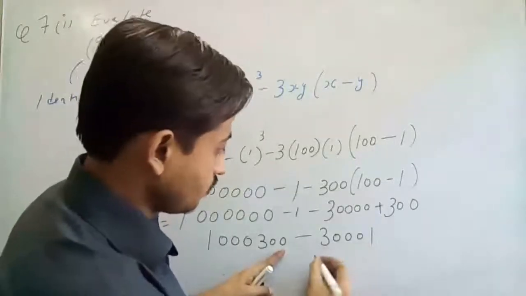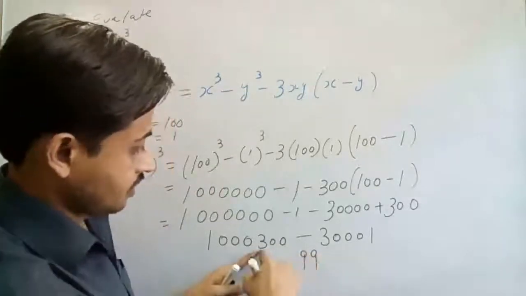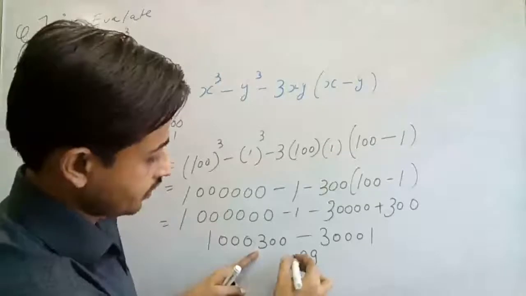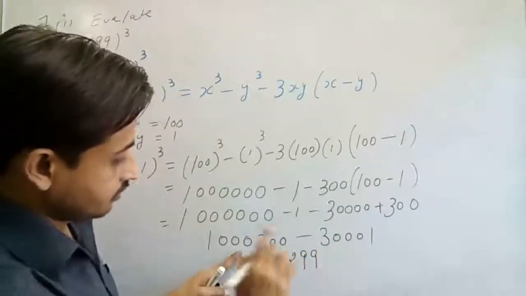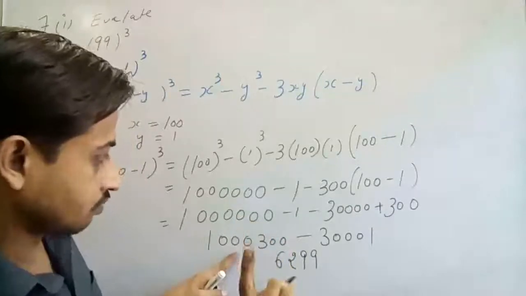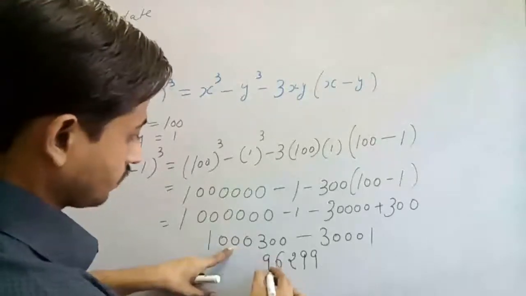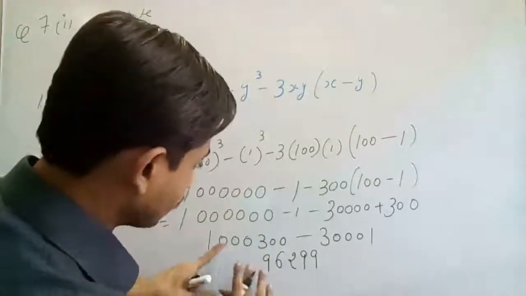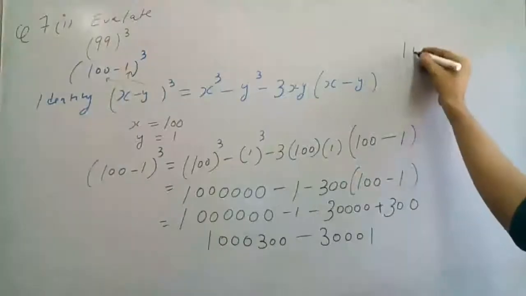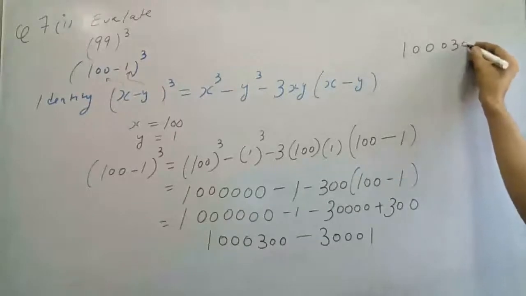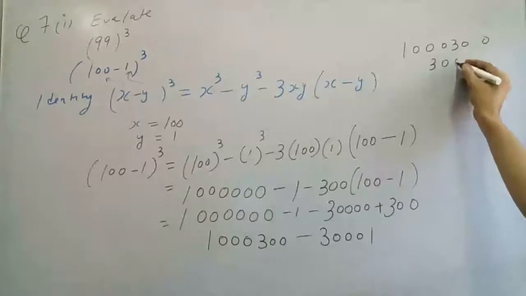Now do subtract. 10 minus 1 we get 9. 9 minus 0 we get 9. Now 2 minus 0 we get 2. And same here, what will we get? 1,000,300, and we have to subtract 30,001.